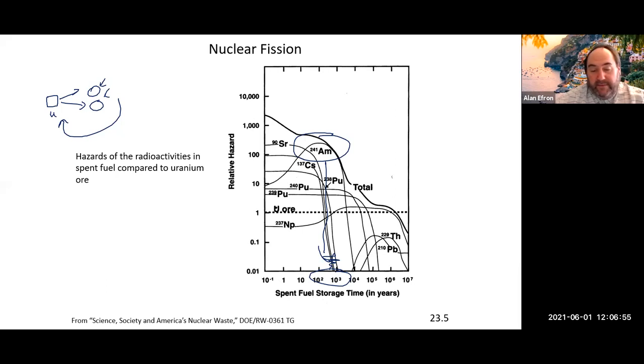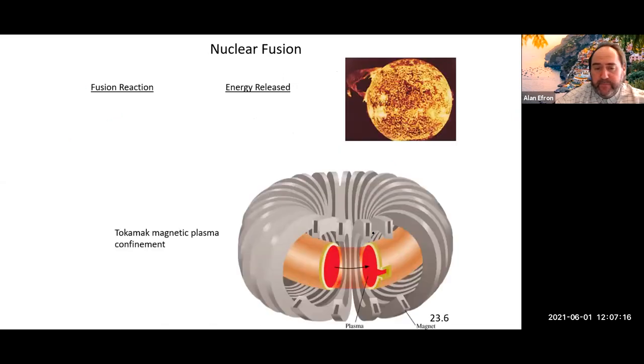In order for something to be considered not such a hazard, you're in this area, which means for a majority of things, you still have a great number of years before these things are not so bad. And so that brings up a lot of situations like, what do you do with them, how you store them, who keeps track of them over all these years. Any question on fission?